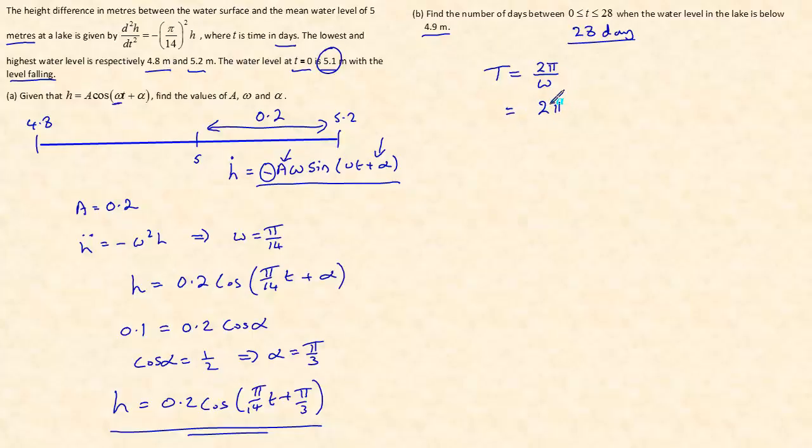So that's 2π divided by π/14. So that's going to be 2π multiplied by 14 over π. So that is equal to 28, which is exactly the time period we're looking at.